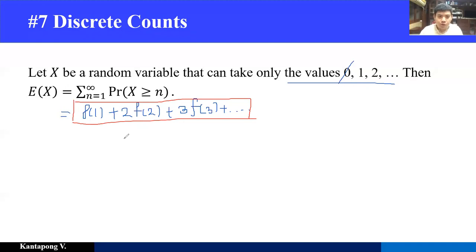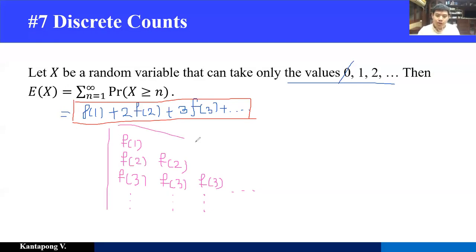So this f1, f2, f2, f3, f3, f3, and so on. And we have this also. This one, the sum is equal to this one. This triangle sum, infinite triangle sum.